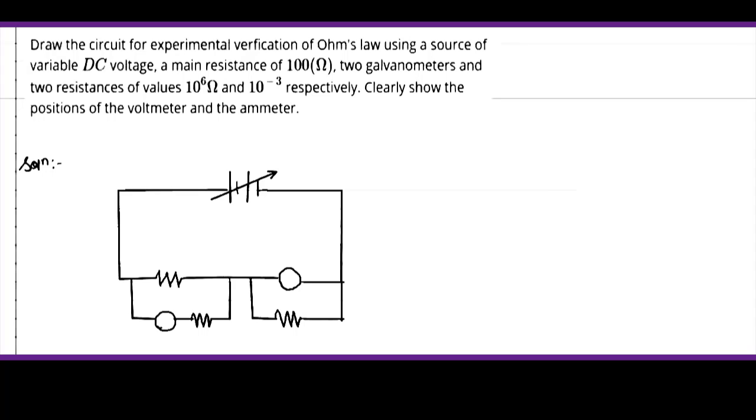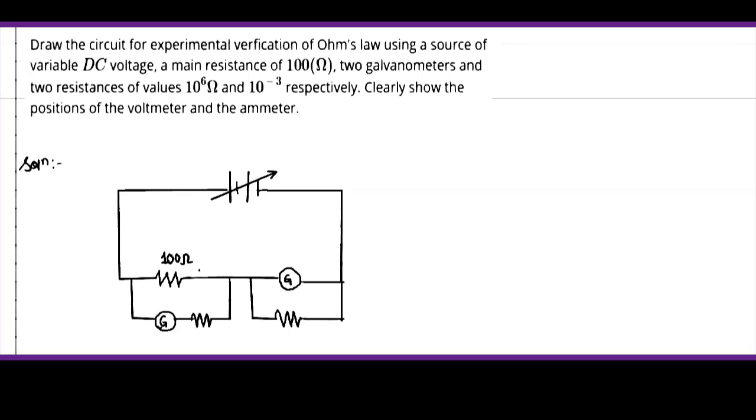So this is our final circuit. Here, this is a galvanometer and this is a galvanometer. This is the main resistance. The main resistance given here is 100 omega.